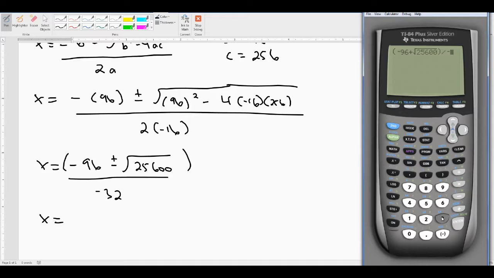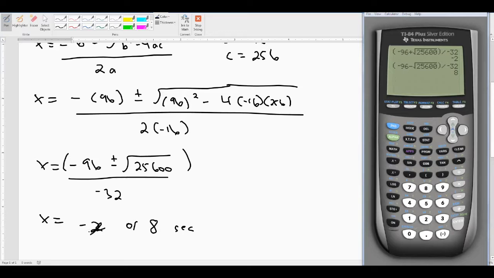Divided by negative 32. We get negative 2. That's not good. I can type in the whole thing again, but I'm not going to. I'm just going to hit second enter, which brings back what I just typed, and that way I can replace that plus with that minus to find the second answer, which is 8. Since we're dealing with seconds, you can't have negative seconds, so the answer is 8 seconds.